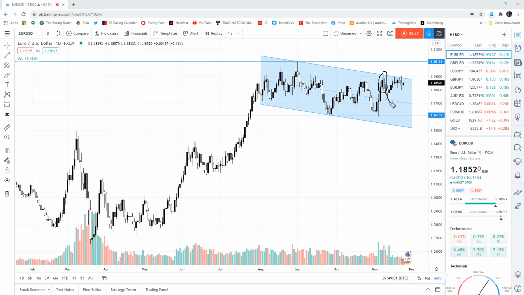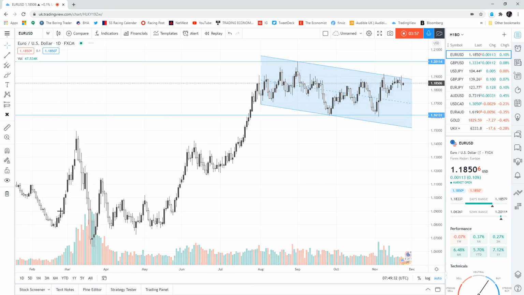You would have expected it to maybe come down and test these 2 lows, but in fact we weren't able to do that and we reversed higher. So I think a close above 1.19, above this November 10 high, we might see a move towards 1.2 and then even a break above that, for a big breakout higher on the euro dollar.